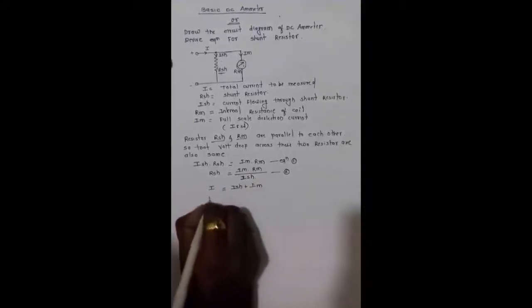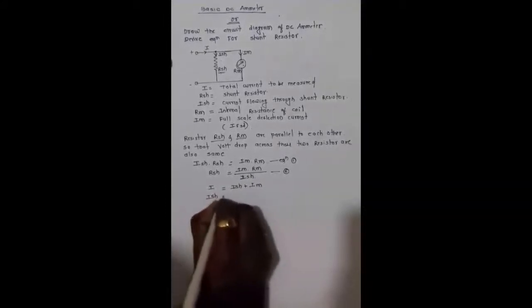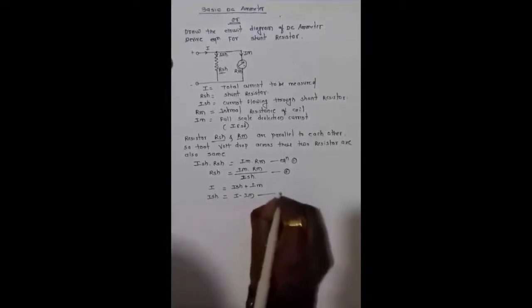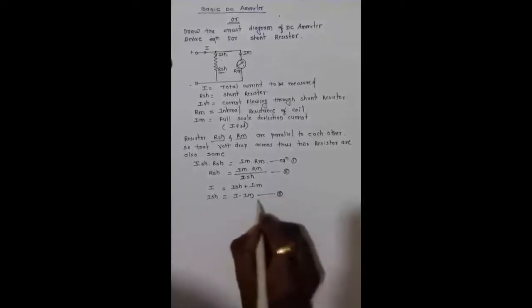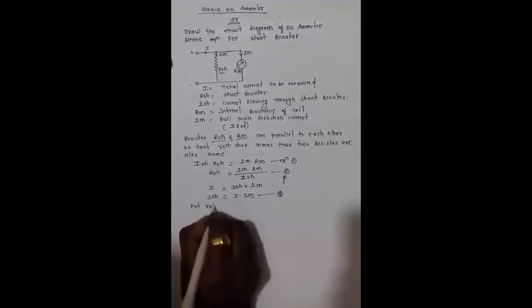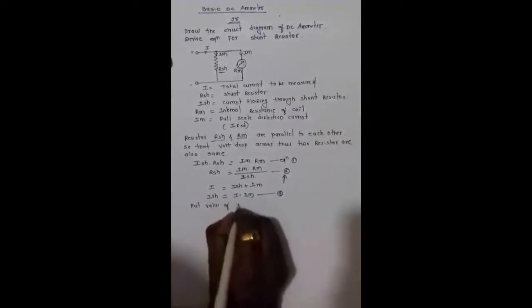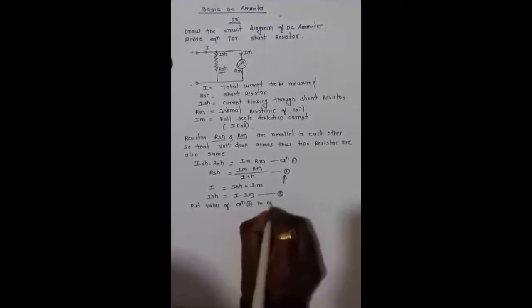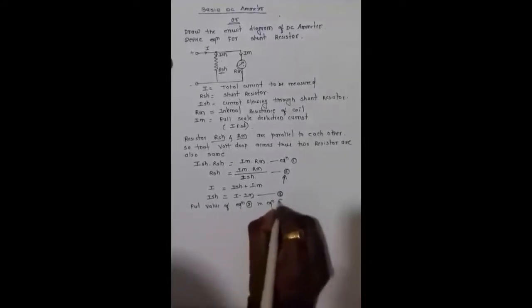We want the value of ISH, so ISH is equal to I minus Im. This is equation 3. Now put the value of equation 3 in equation 2.